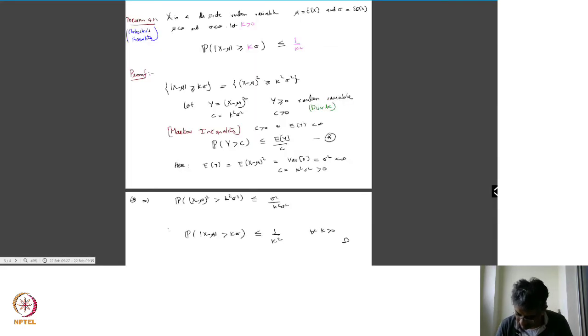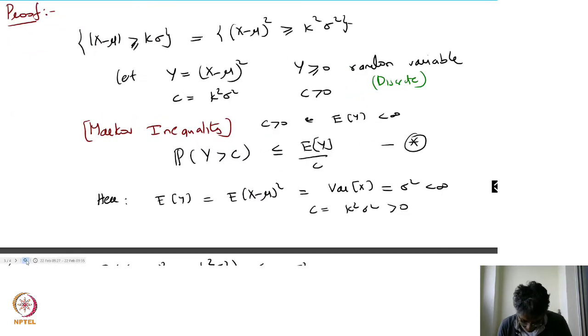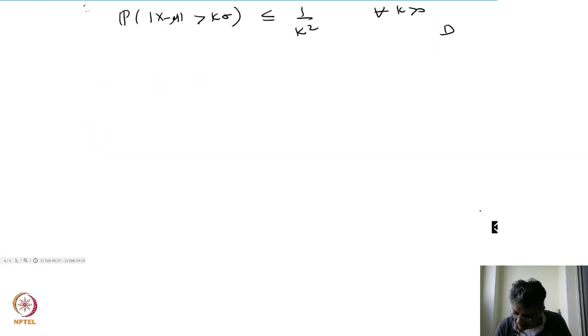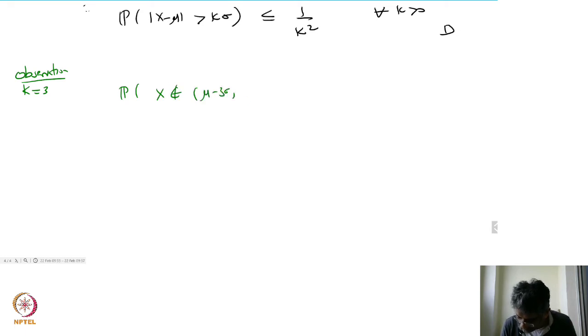So the application of this is the following. From this theorem, if I take, let's say, K to be 3, the chance of finding X not in mu minus 3 sigma to mu plus 3 sigma is always going to be bounded by 1 over 9.